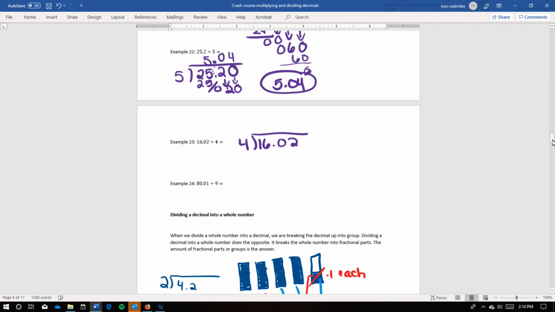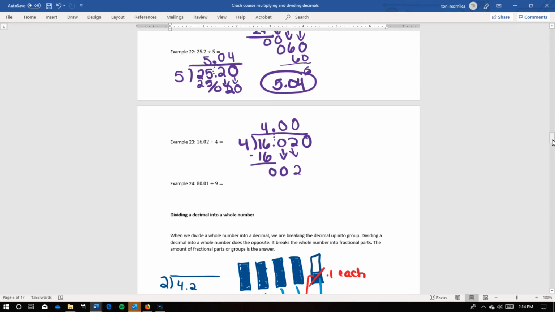Okay, so 4 can go into 16 4 times. 4 times 4 is 16. Subtract, get 0. Put that decimal place in my answer and drop down another 0. 4 cannot go into 0, okay? So I'm going to put a placeholder of 0 there and drop down my 2. 4 also can't go into 2, but if I want to get to the thousandths place, I'm going to have to put a placeholder of 0 and draw a thousandths place on my number.